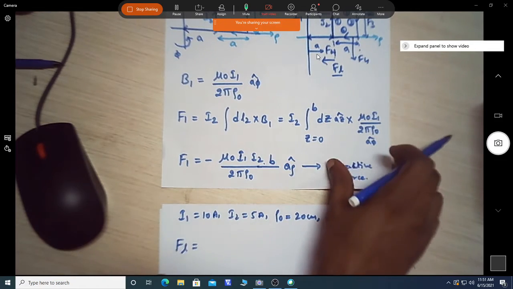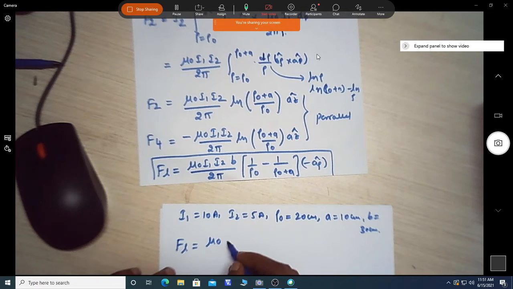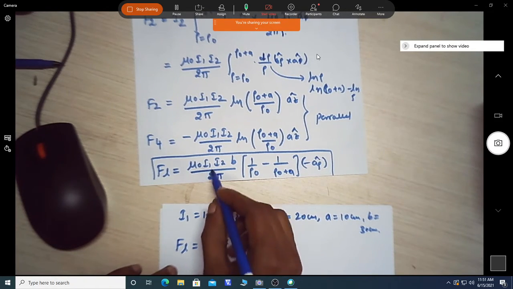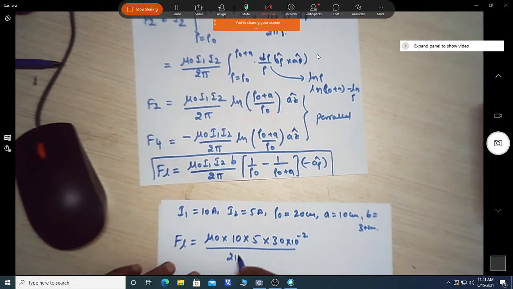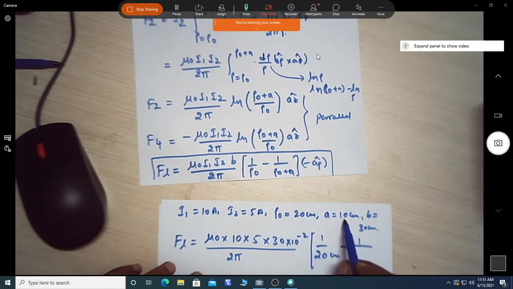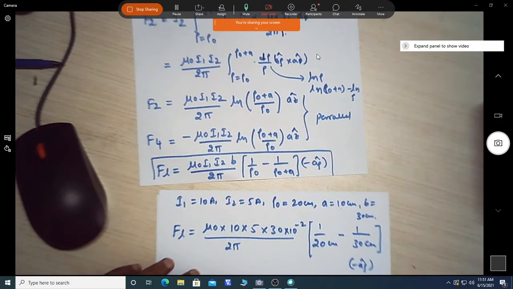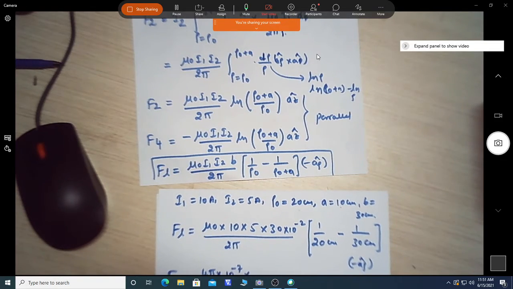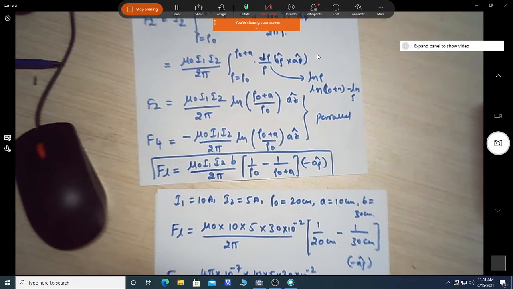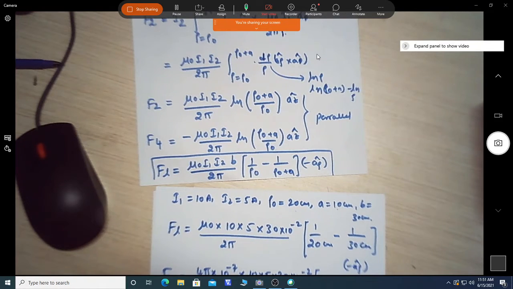Now we can find the force on the loop, which is mu naught into I1, which is 10, and I2, which is 5, and B, which is 30 centimeter, divided by 2 pi into 1 by rho naught, 1 by 20 centimeter, minus 1 by rho naught plus A, 20 plus 10, 30 centimeter, in the direction of minus a_rho. So mu naught is 4 pi into 10 power minus 7, into 10 into 5 into 30 into 10 power minus 2, divided by 2 pi into 10 power minus 2, with 30 into 20.